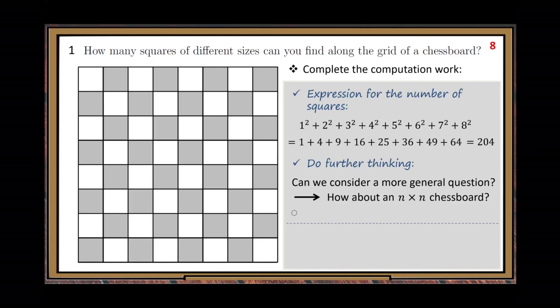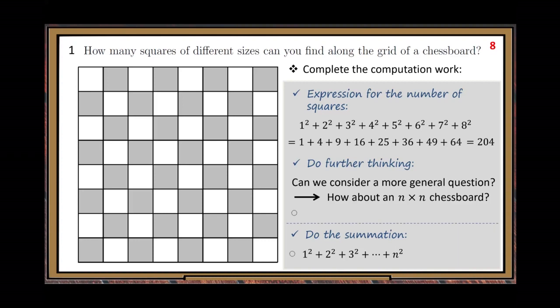We want to count the total number of squares of all possible sizes. Based on our similar analysis above, the summation should be 1 squared plus 2 squared plus 3 squared, up to n squared.